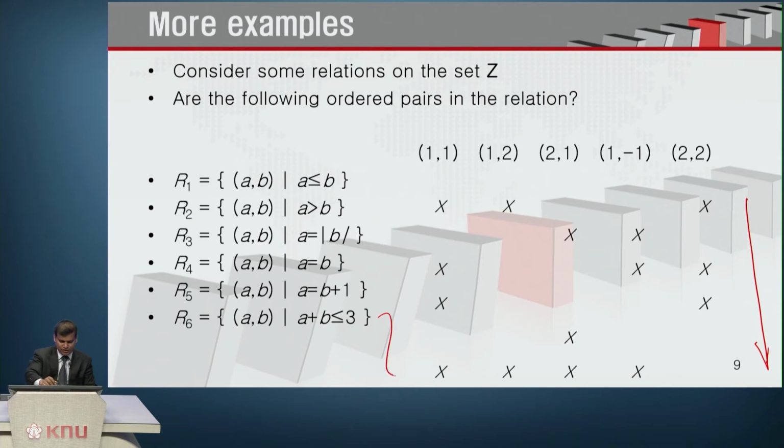If you take this pair here, a plus b is less than or equal to 3. So this is a, this is b, which means 1 plus 1 is less than or equal to 3. It satisfies all these conditions, but not this one. That is why you do not have it here. Got it? So with that, you can see how this whole table has been mapped, and how the relation has been established with respect to the given conditions from the given set Z.